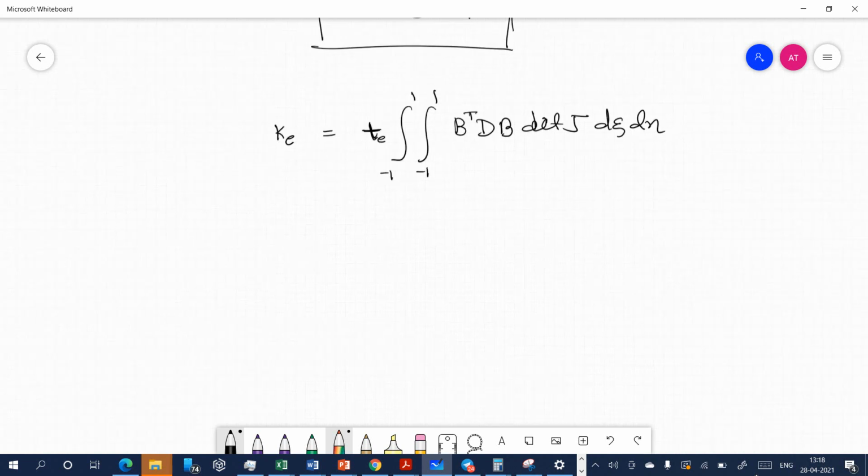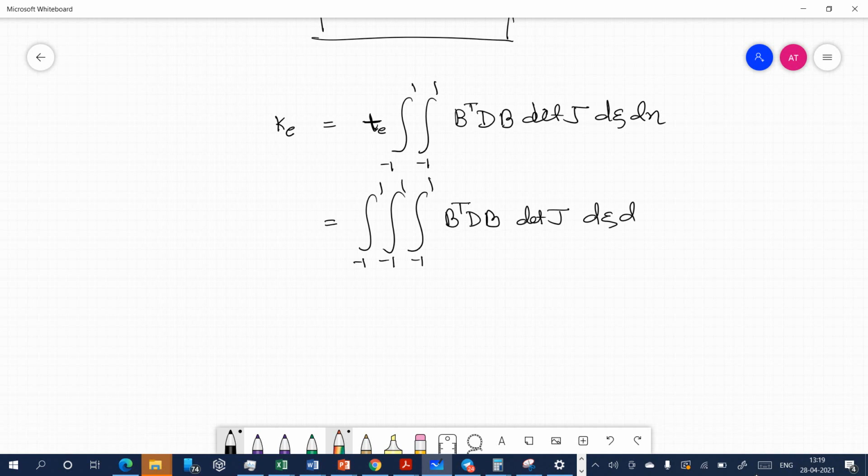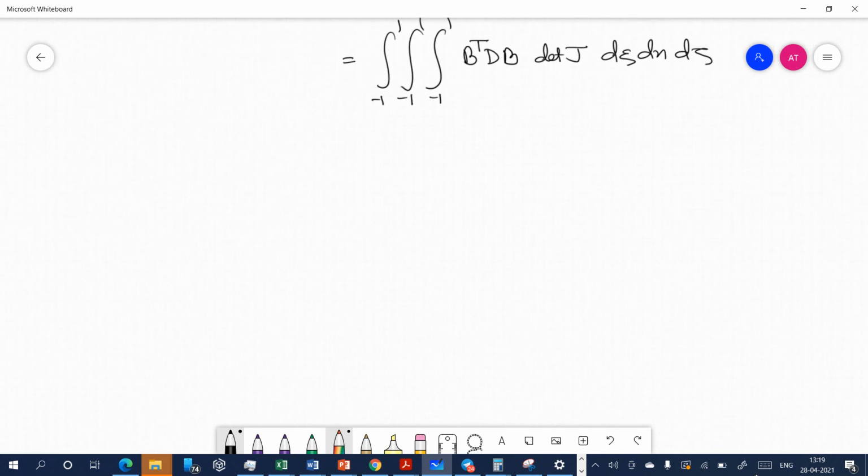And in 3 dimensions, well, we are not doing 3 dimensions, but in 3 dimensions we will not have thickness because we have 3 dimensions, and then we will have 3 integrations of B transpose D B determinant of Jacobian d zeta d eta and d psi.